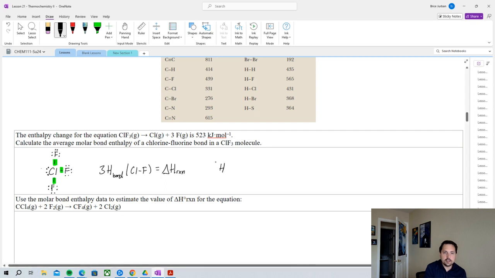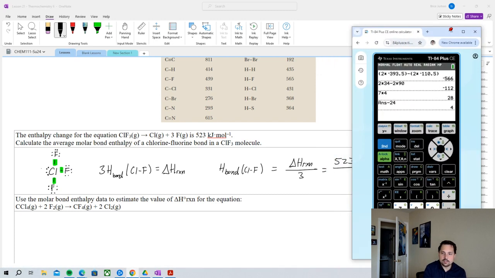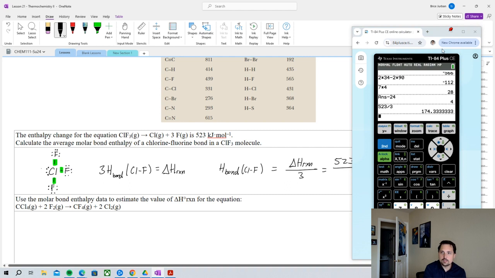So to calculate the bond enthalpy here, we just need to divide the change in the reaction by 3. It's easy for me to see this. Sometimes that's a little bit harder for me to explain. But that's how I would write it mathematically. So 523 divided by 3 is 174.